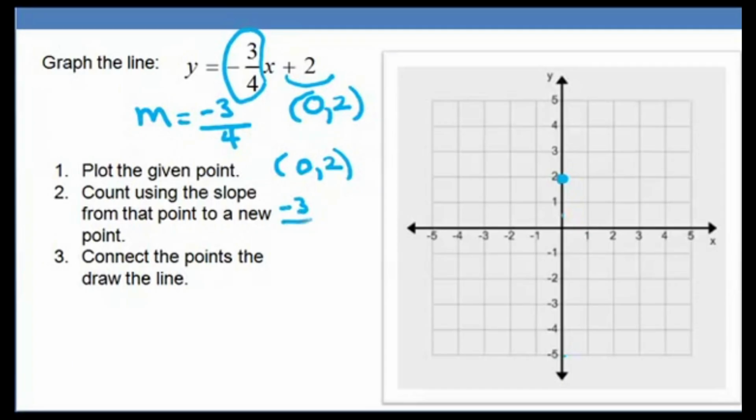So we have a -3/4. Vertical change over horizontal. So from our point, we're going to go down 3 spaces because it's negative, and then across to the right 4 spaces because that is positive 4. Make a point, and then we will connect the points to draw our line.